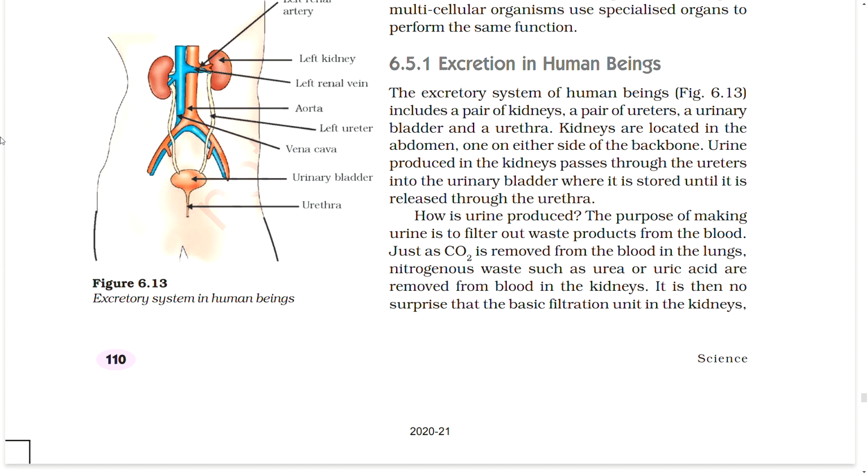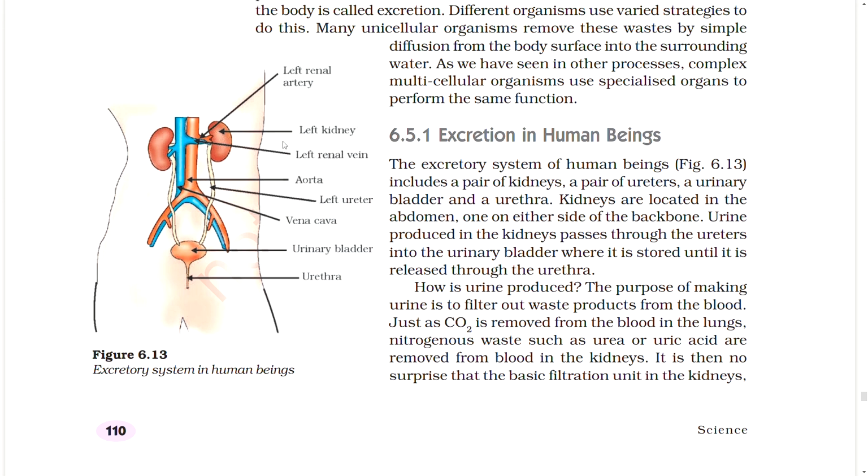Excretion in human beings. Figure: excretory system in human beings. Left renal artery, left kidney, left renal vein, aorta, left ureter, vena cava, urinary bladder, urethra.